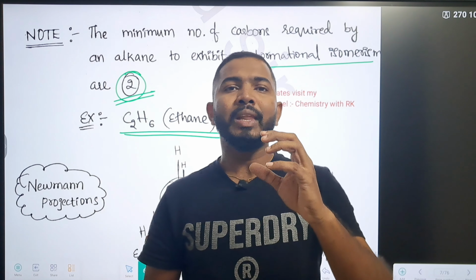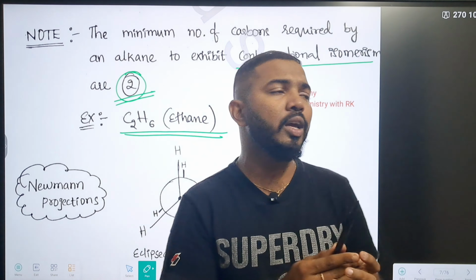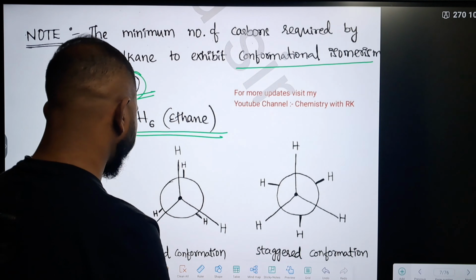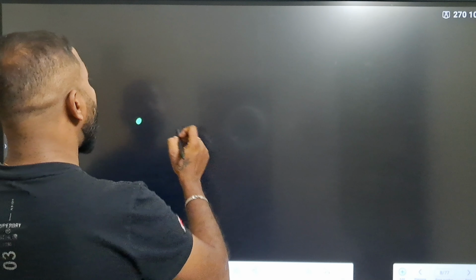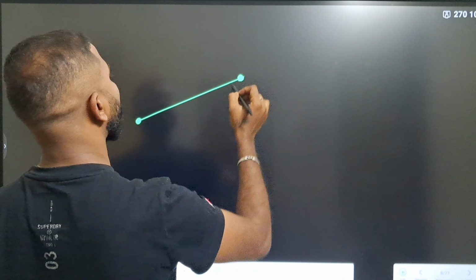Suppose if you see the ethane molecule, we are going to have this type of possibility where one of the carbons, if you look at that compound from the side view, we are going to have another carbon here. Just try to understand.